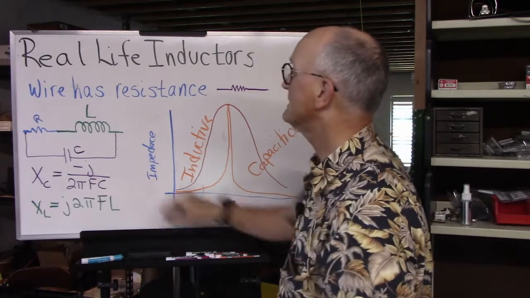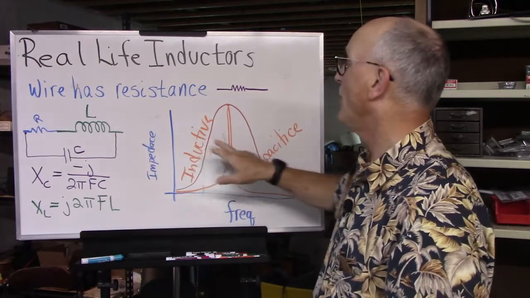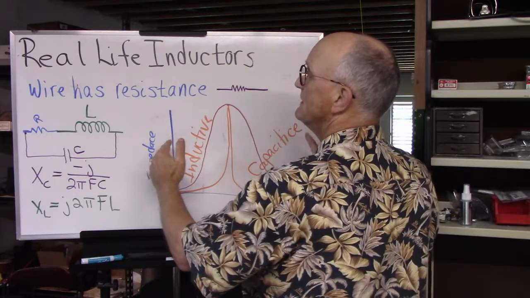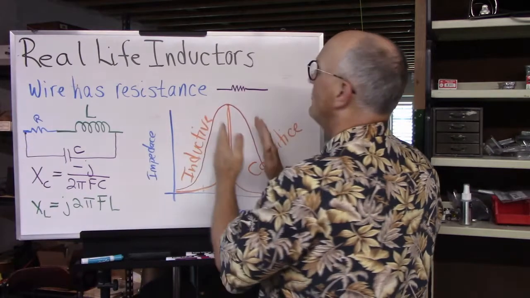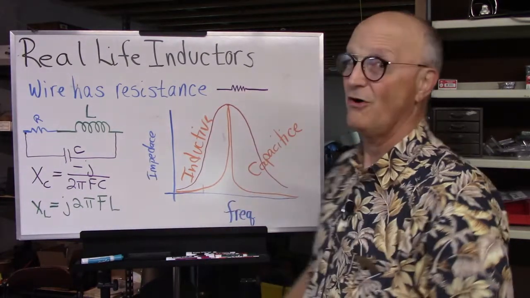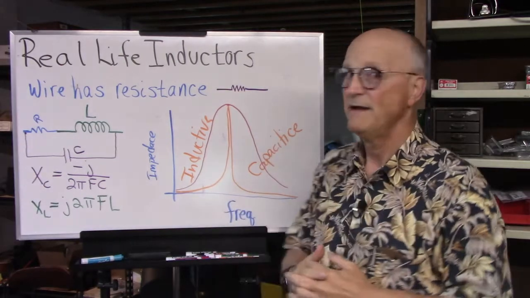And the more resistance you have in your inductor, the lossier the inductor is, the wider this becomes. The lower your resistance in the inductor, the narrower this becomes, and the longer it looks like an inductor.